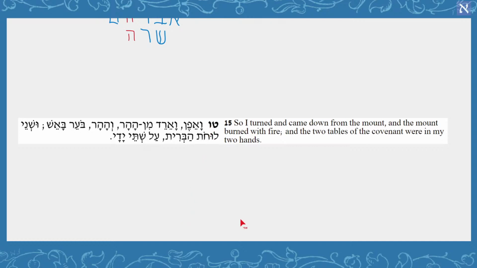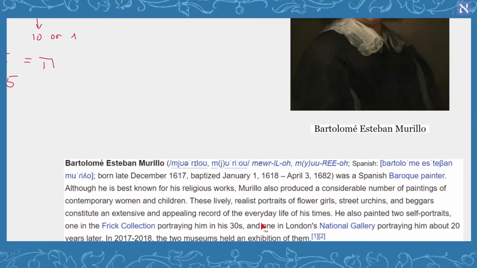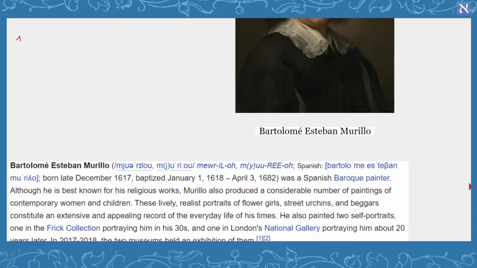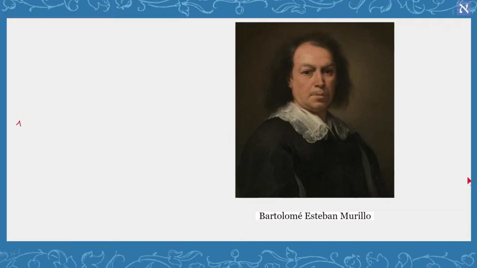Questions or impressions? If not, I would like to focus on the name of the painter, the artist, Bartholomew.